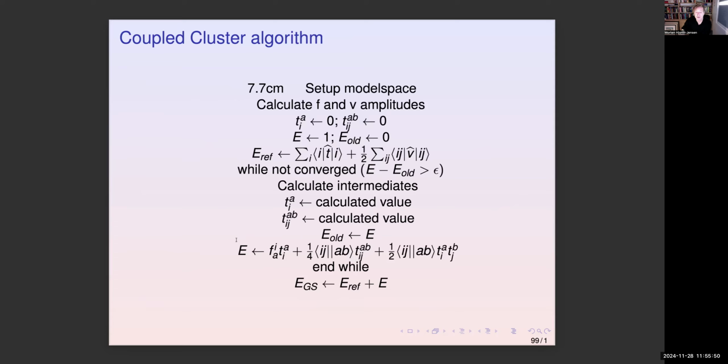And this continues till the new energy minus the old one doesn't differ by more than a final value epsilon. And this concludes the algorithm. That was a case which was included in this pairing model algorithm. Essentially what we did was to perform this set of iterations, except that we did not have an if test for whether it converged or not.